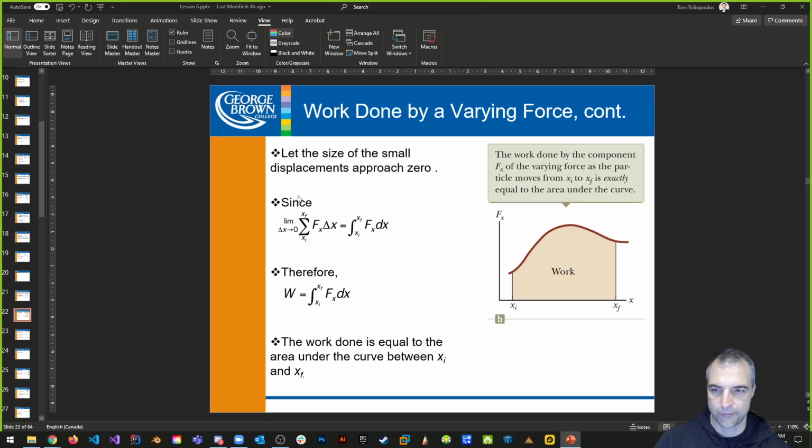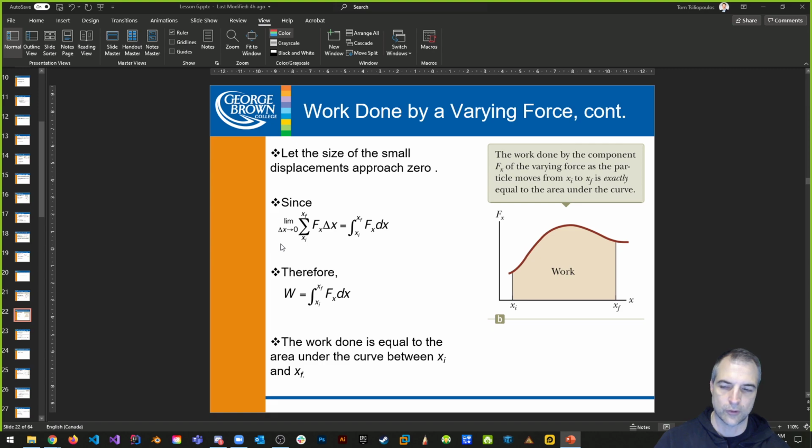I'm just talking about it because you should know how that's done. Here we can say that as the limit of delta x, the change in x from x initial to x final, approaches 0, we sum up the integrals between x initial and x final, and we come up with this.